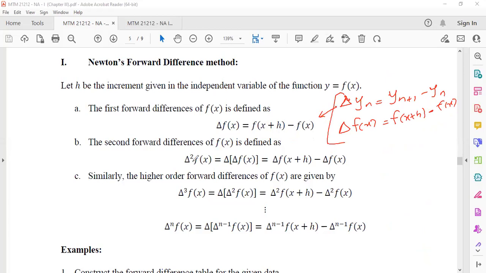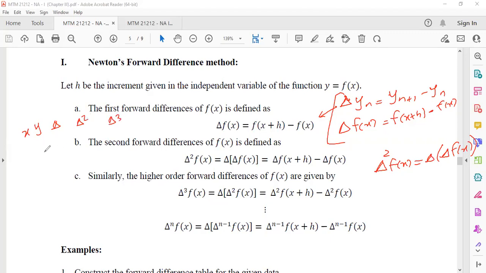Similarly, what about the second difference? The second difference will be delta squared f(x). Delta squared f(x) means we are taking delta of delta f(x). As you can see in our forward difference table, let's say this is x, this is y, this is my delta, this is my delta square, this is my delta cube.